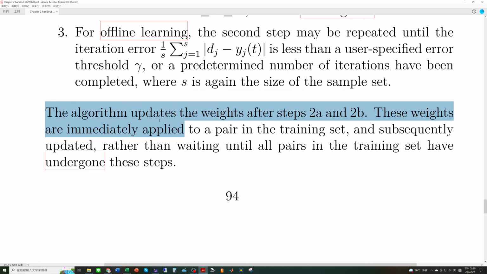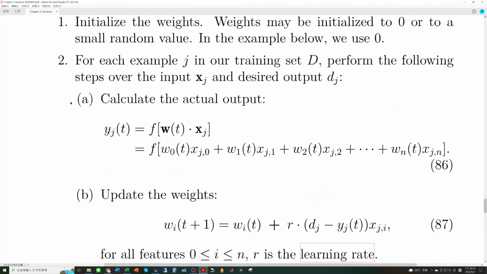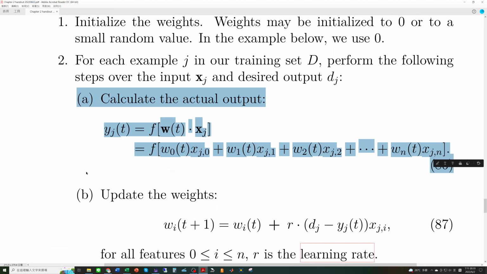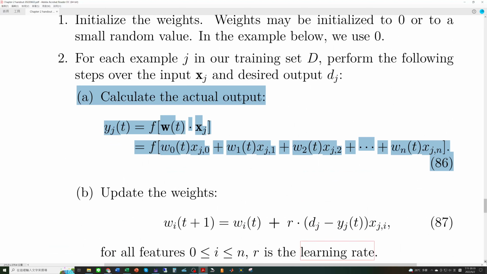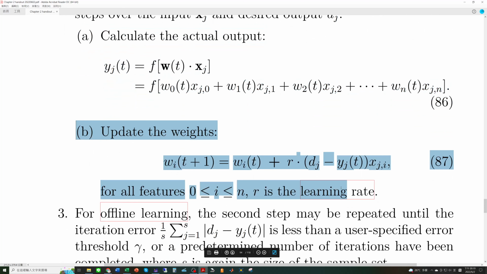The algorithm updates the weights after steps 2a and 2b. This is step 2a, and this is step 2b. We have introduced them.